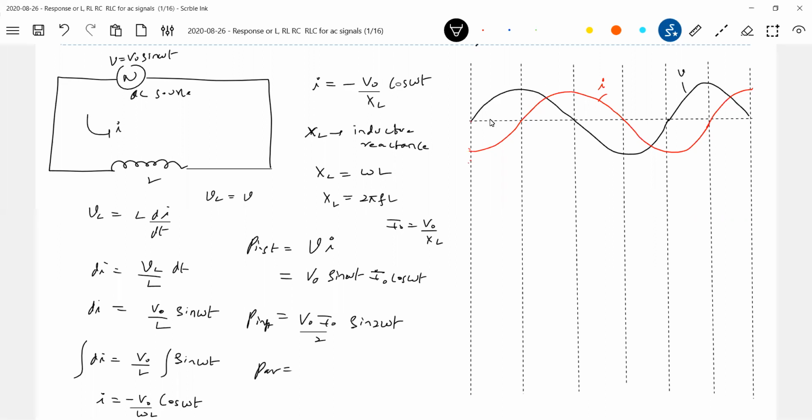So what is the average power? It should be 0 in one full cycle.